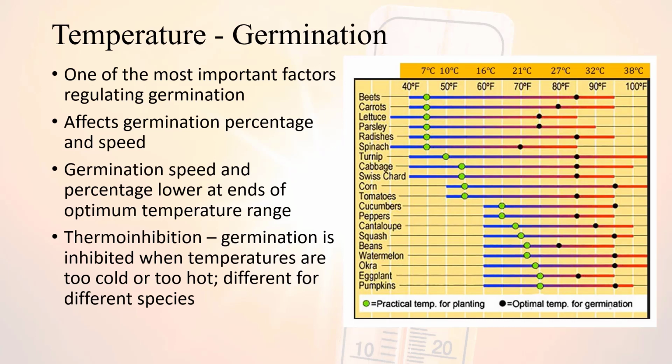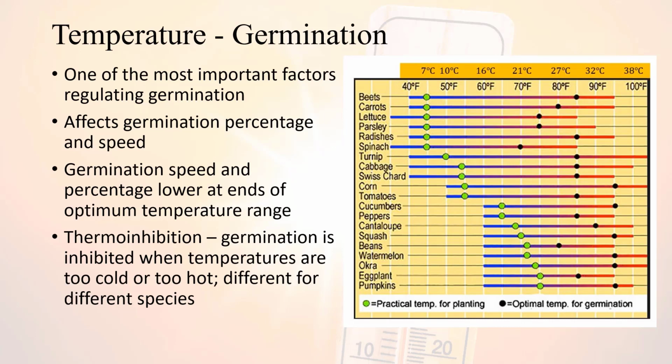But all plants have an optimum temperature for germination, right? Where they will germinate the fastest and more of the seeds will germinate as opposed to other temperatures. So ideally, if we're going to germinate our seeds, we'd like to keep it at this optimum range. This doesn't always happen in practice, but this will ensure that we have the optimum germination percentage and speed when we're at that right temperature.